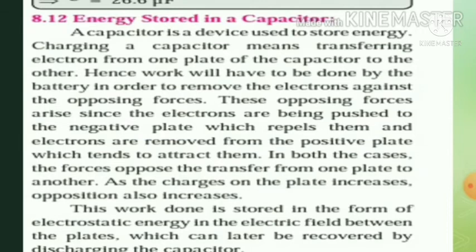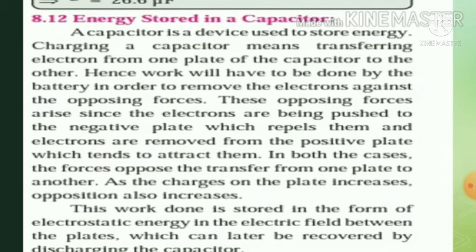Whenever the quantity of charge increases, the opposition force increases, so the motion of charges, positive as well as negative, must increase. That migration or motion of charge is responsible for the work done in the condenser or capacitor.